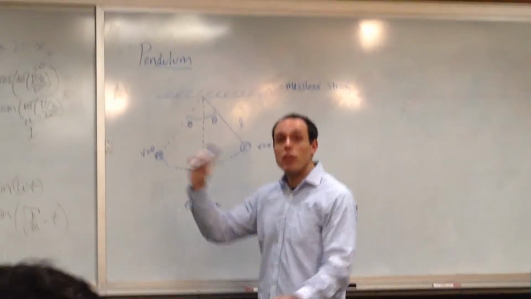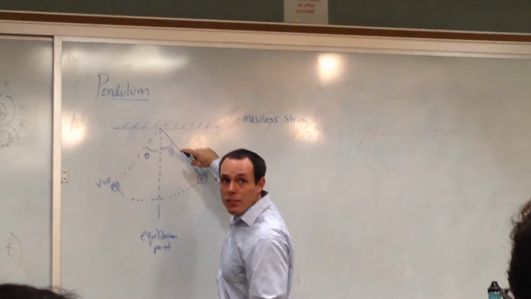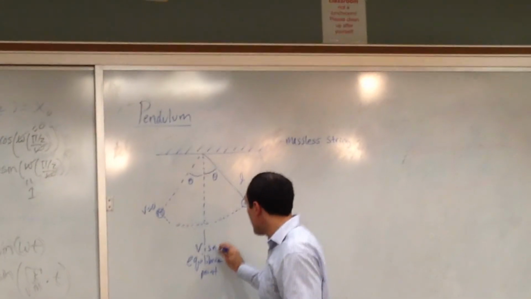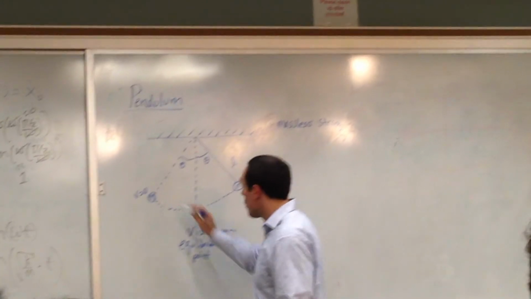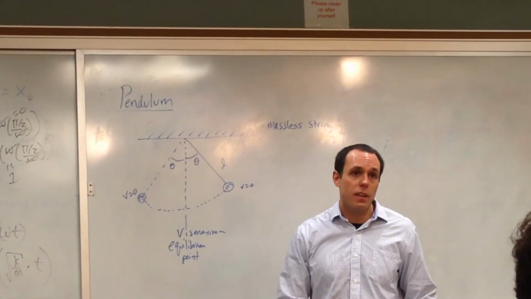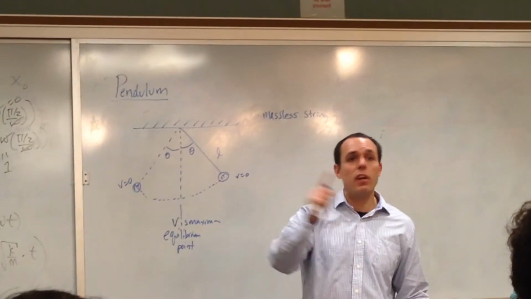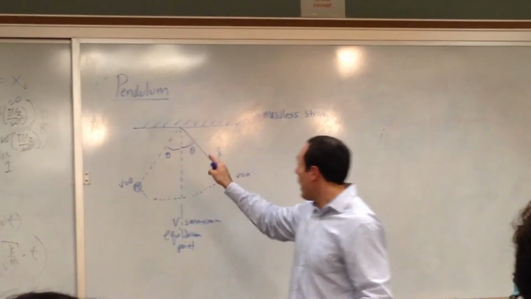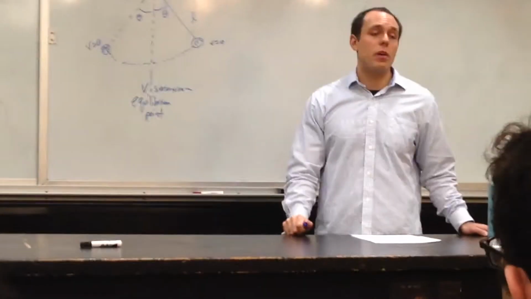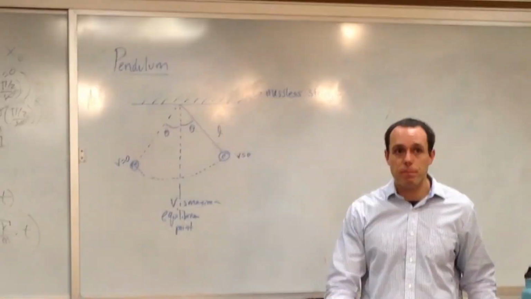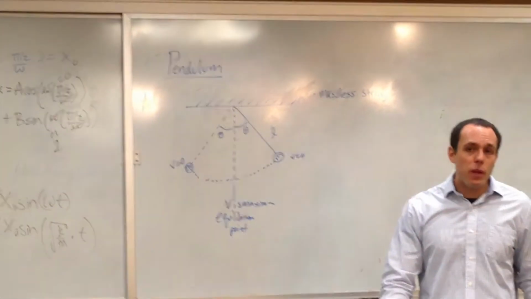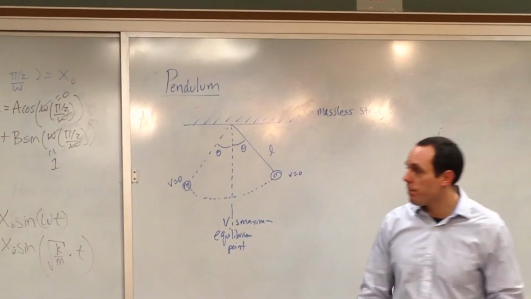And thus, similar to a spring, we go from velocity equals 0 to the equilibrium point, where the velocity is maximum, to velocity equals 0 once again. And notice in the spring, compression and extension were both x. Here, the angle theta is going to be the same for each of them. In fact, you could find the velocity of this.